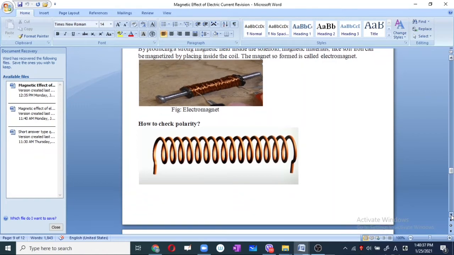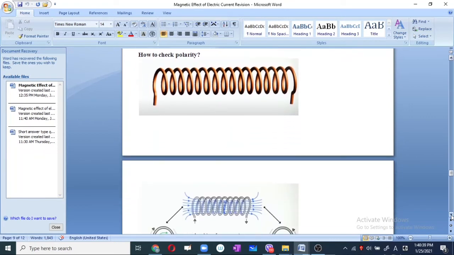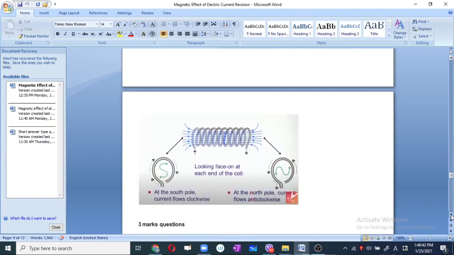So, how to check the polarity of an electromagnet or a solenoid? One simple way is, we can bring a bar magnet near to one end of a solenoid, and suppose we have brought the north pole of a bar magnet to one end of a solenoid, and suppose that the bar magnet attracts that solenoid, then it shows that those are unlike poles.